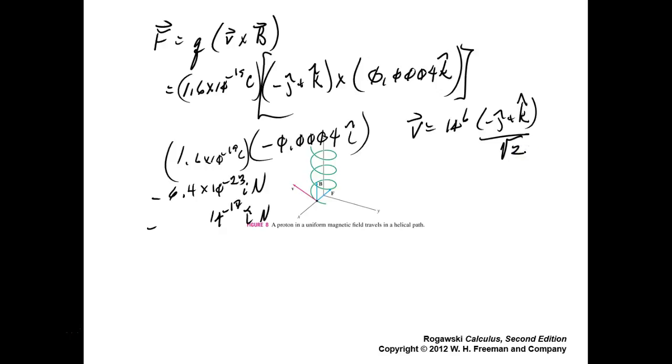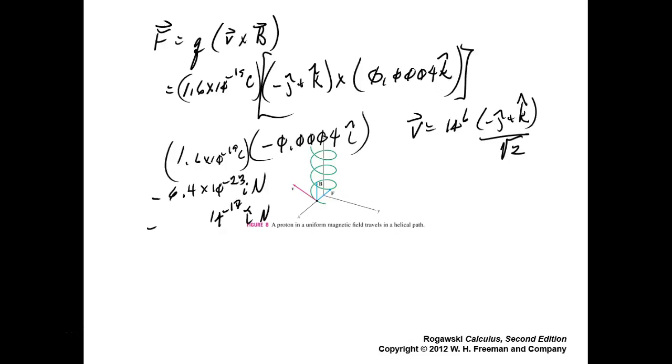That's divided by its magnitude. This basically gives you the unit vector, because you take the vector divided by its magnitude. So that's where that came from.